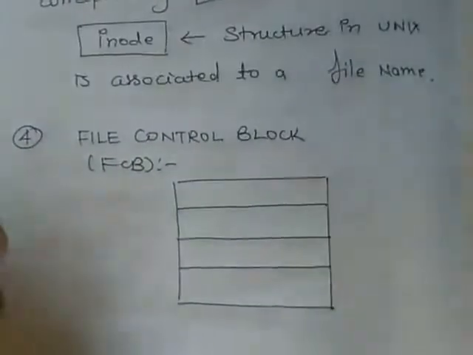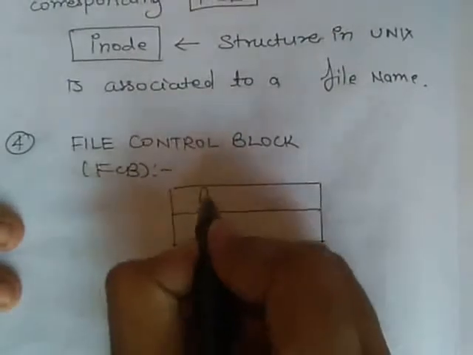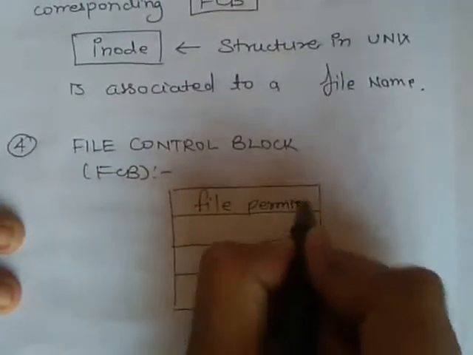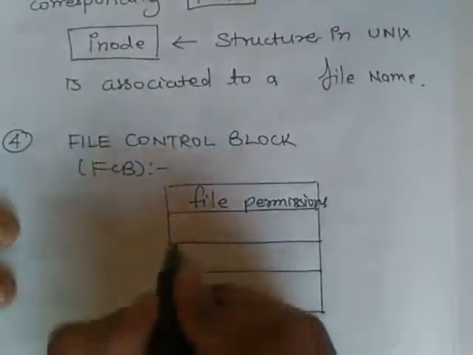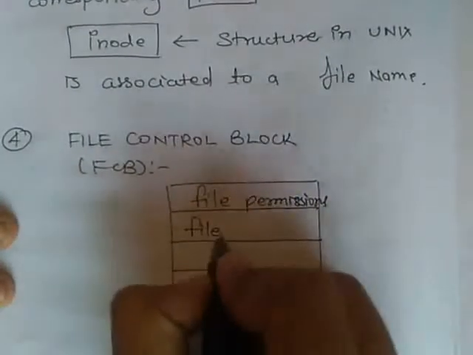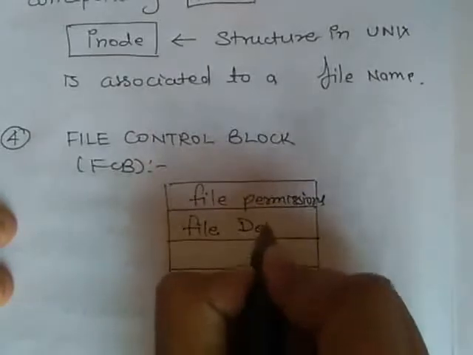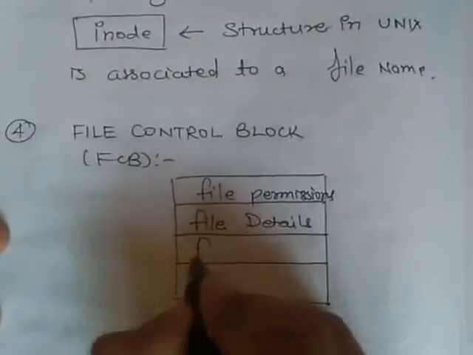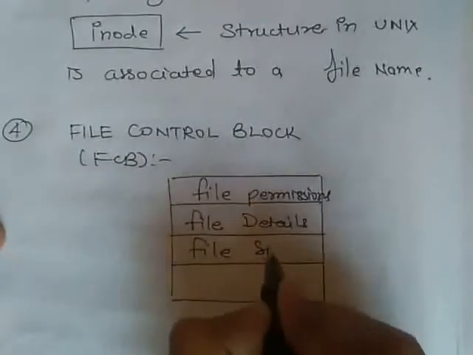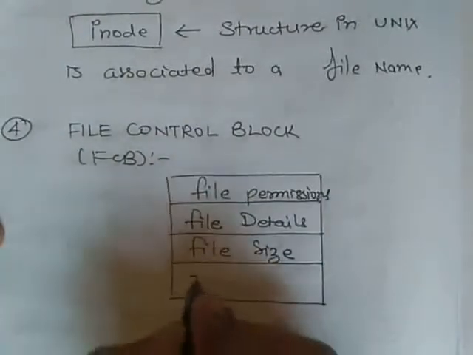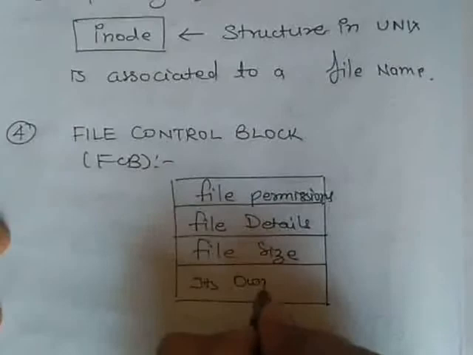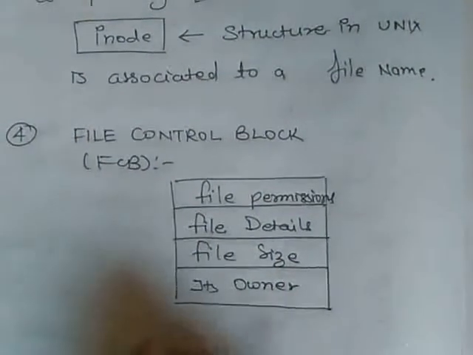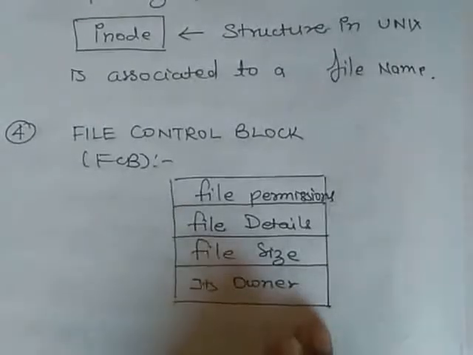For example, we have file permissions, file details, the file size, its owner details, and all types of information are stored in the file control block.